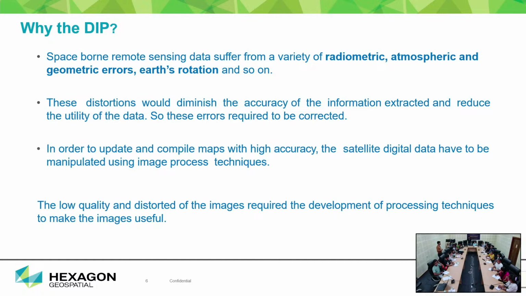You cannot say that these features are agricultural land and these are forest land. In summary, the low quality and distortion of the images require the development of processing techniques to make the images useful, and that's why we go for DIP.